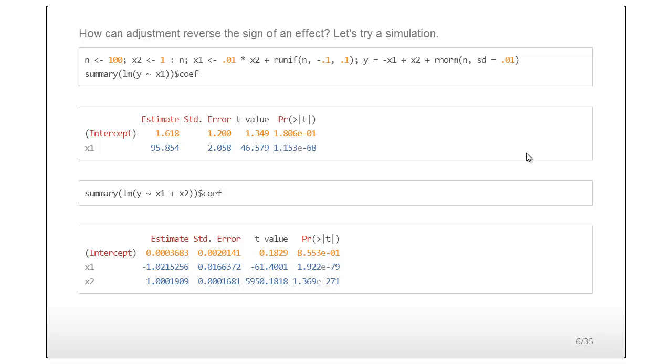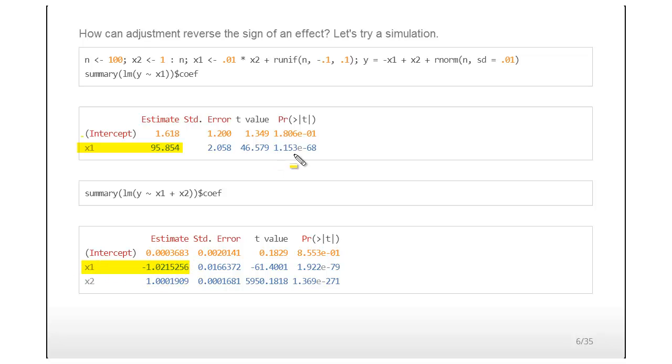One thing that's worth talking about is how an adjustment can reverse the sign of an effect. I go through a simulation here just to prove it to you that it can happen. You can look at the simulation settings up here, and what you see is that the relationship between x1 and y is 95, and then after I include x2, it's -1.